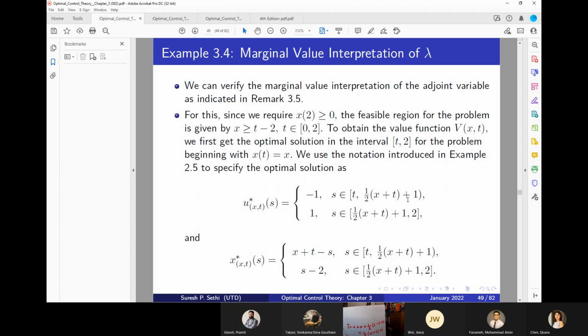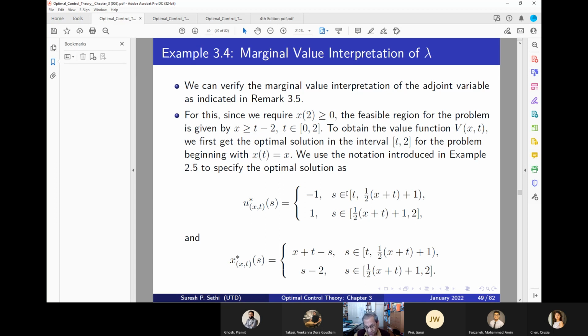The difference is 2 minus t plus x, which is this whole thing, and half of that I add to t plus x. I add this, I get S star. I simplify this, I get the value of S star. That exactly is S star right here.